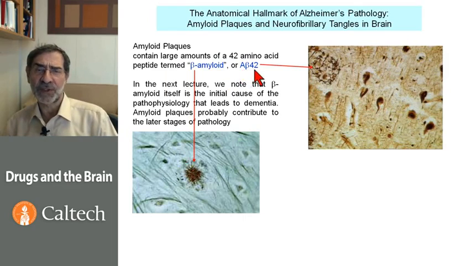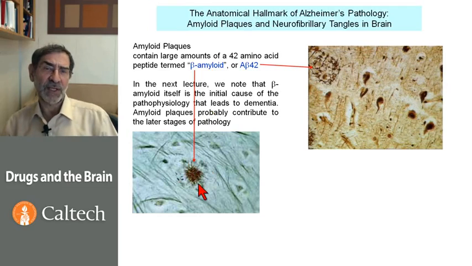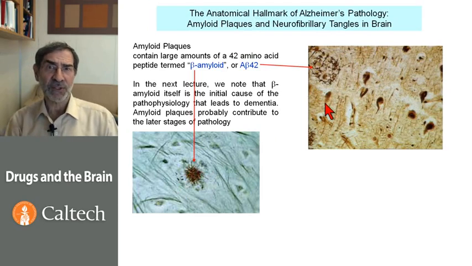We'll see in a few minutes how it got that name. And in the next lecture, we're going to note that beta amyloid itself may be the initial cause of the pathology that leads to dementia. This doesn't mean that the amyloid plaque is the cause of the pathology. The pathology may begin a lot earlier than that plaque, but the plaques and the tangles probably contribute to the later stages of the pathology.